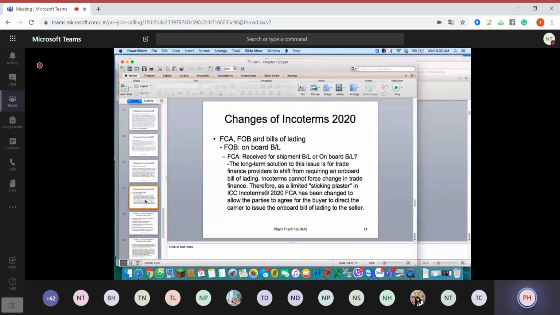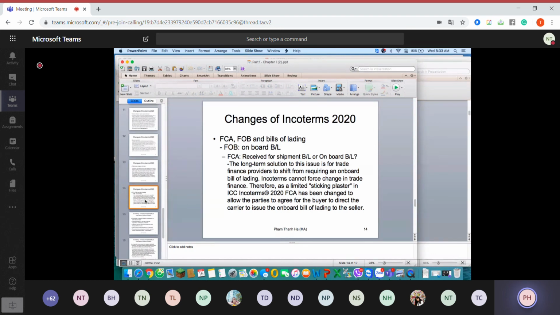So for the FCA, the reason why we have to consider between the receipt for shipment bill of lading and onboard bill of lading is that FCA is actually very similar to the FOB. However, the main difference between the two is that FOB is only used for maritime transportation, meanwhile FCA can be used for multimodal transport. So if we apply maritime transport for the FCA, everything is similar to the FOB.